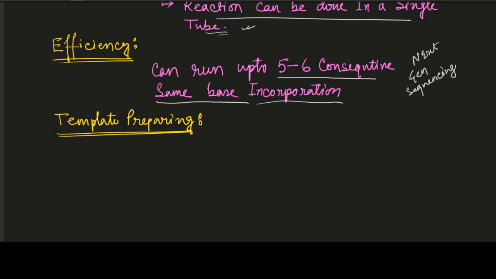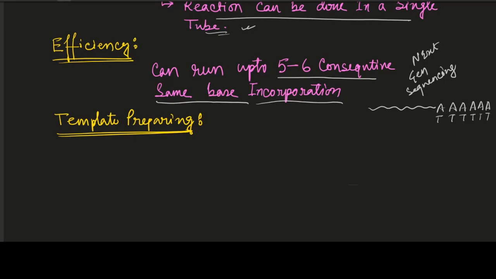So what does that mean? Let's say this is our template DNA, and in this DNA we have 6 adenines at a stretch. So in the complementary DNA there will be the incorporation of 6 dNTPs. Every incorporation of the dNTPs we can detect through pyrosequencing.